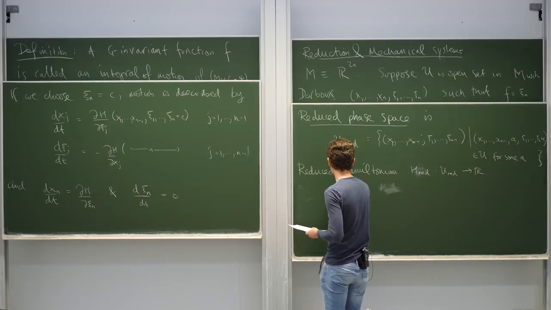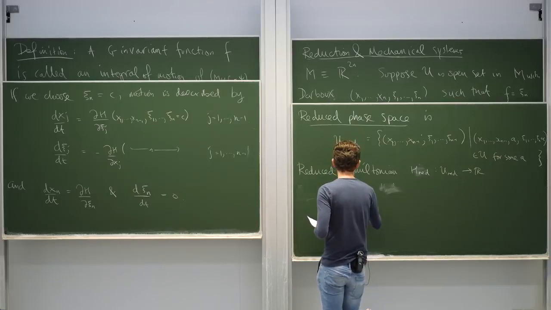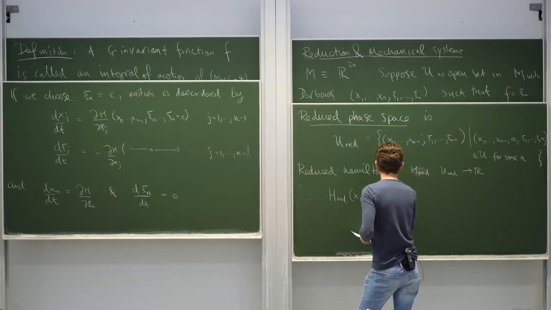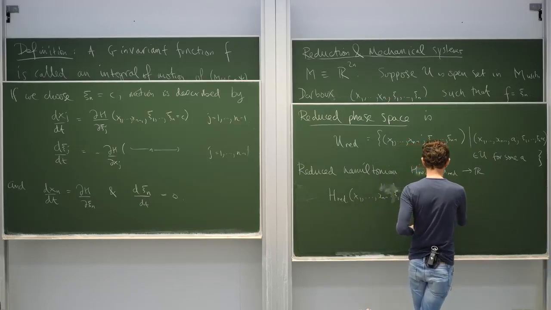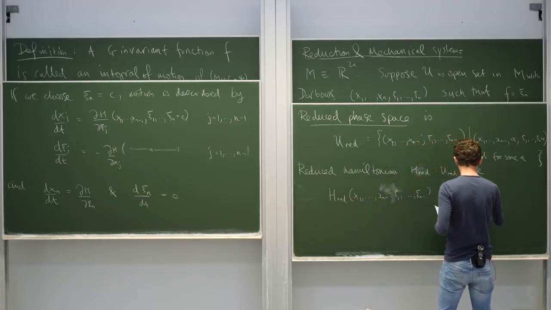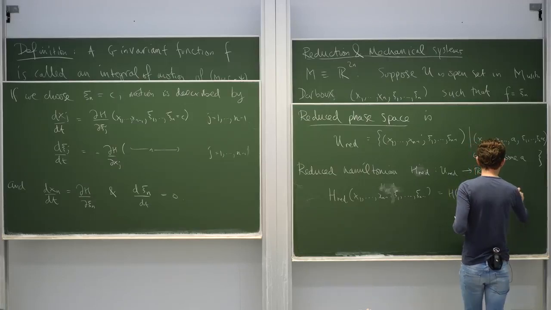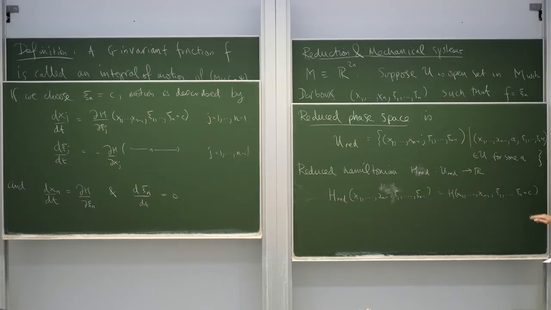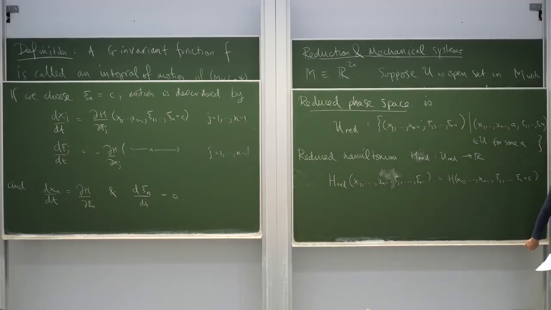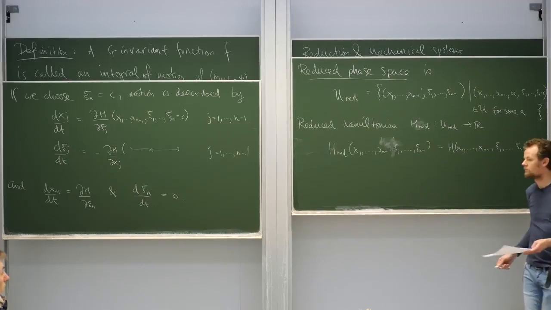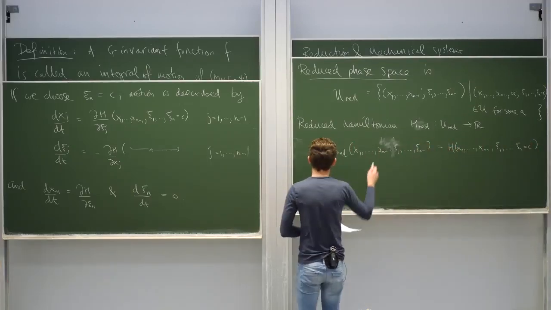And this reduced Hamiltonian is just defined by the original Hamiltonian. Right, because the original Hamiltonian still doesn't depend on xn, we know that. So this is well defined.